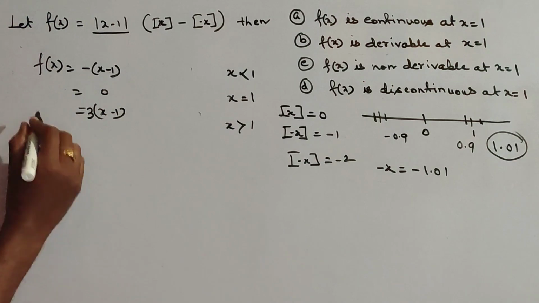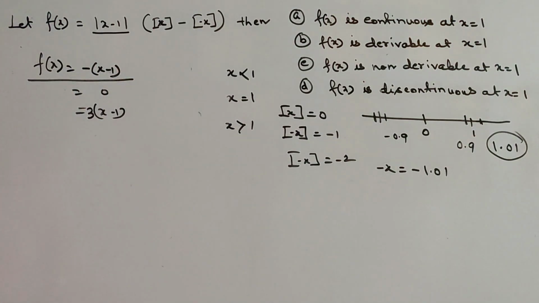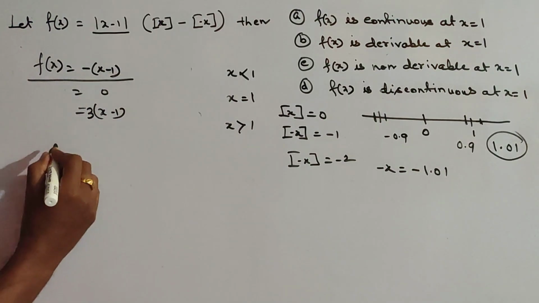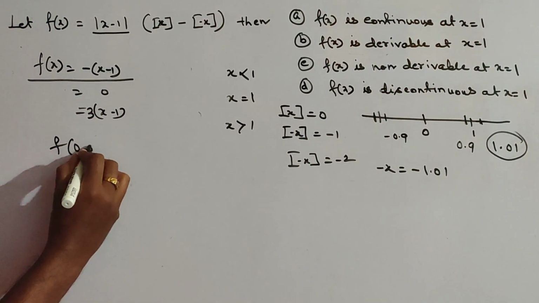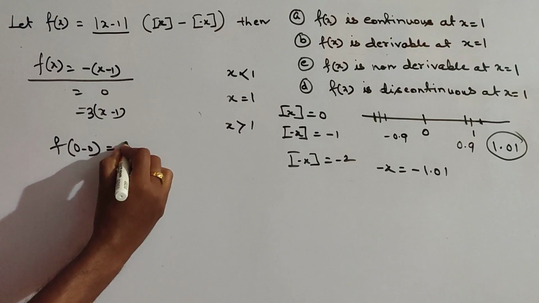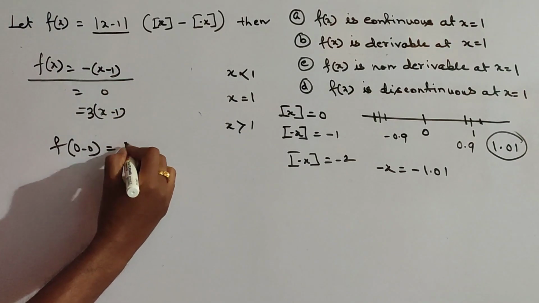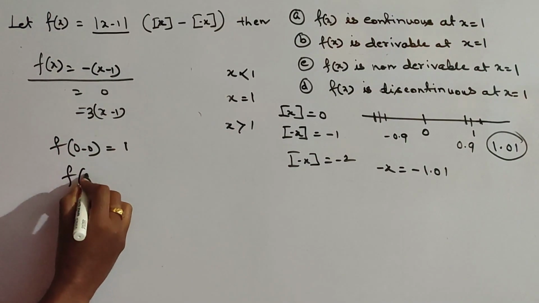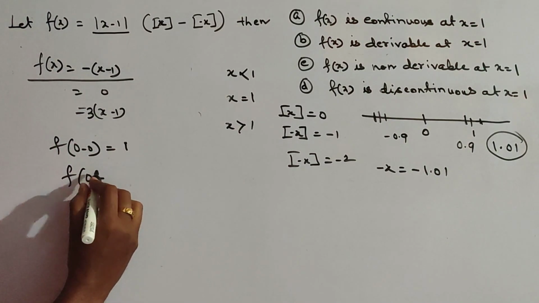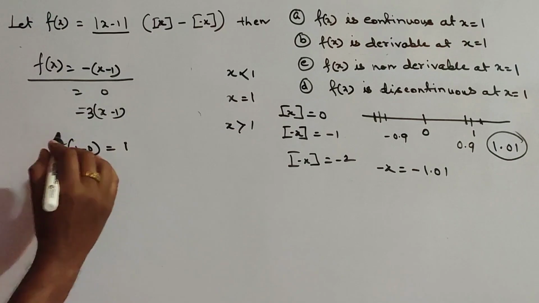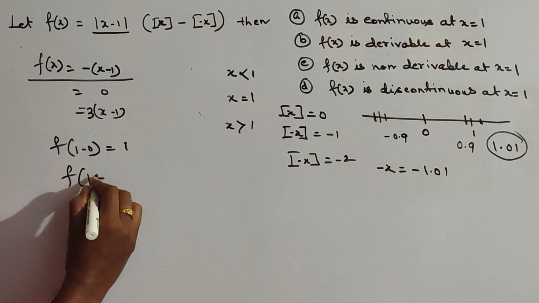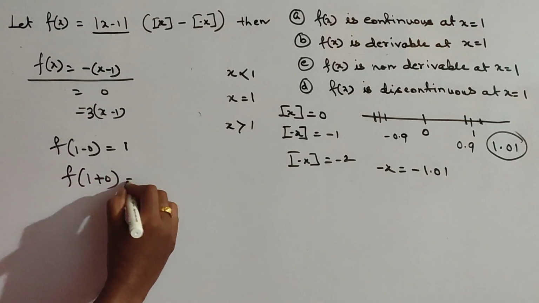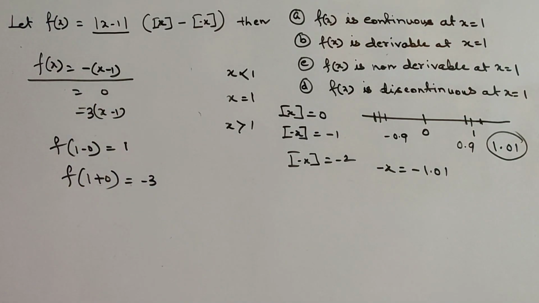Now clearly the left hand limit at x equal to 1, that is f of 0 minus 0, this is equal to 1, and the right hand limit f of 0 plus, this is 1 minus 0 and this is 1 plus 0, and this result is minus 3.